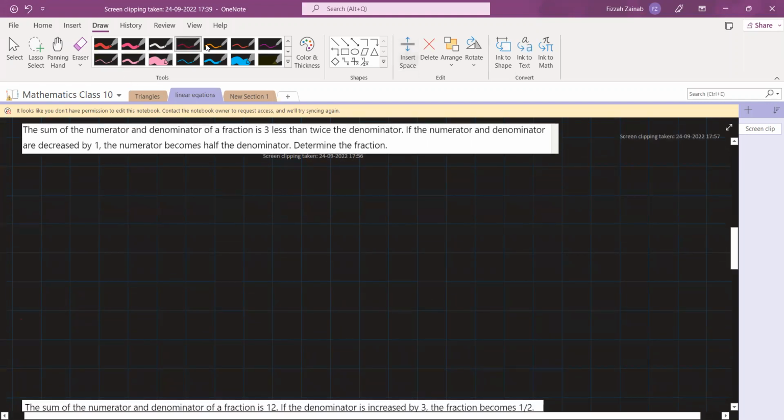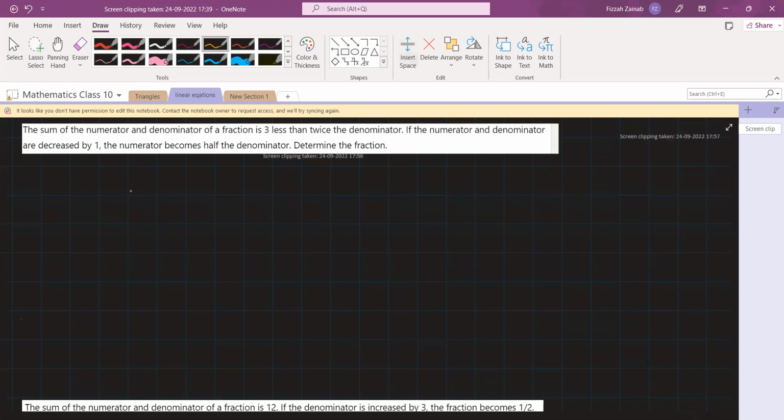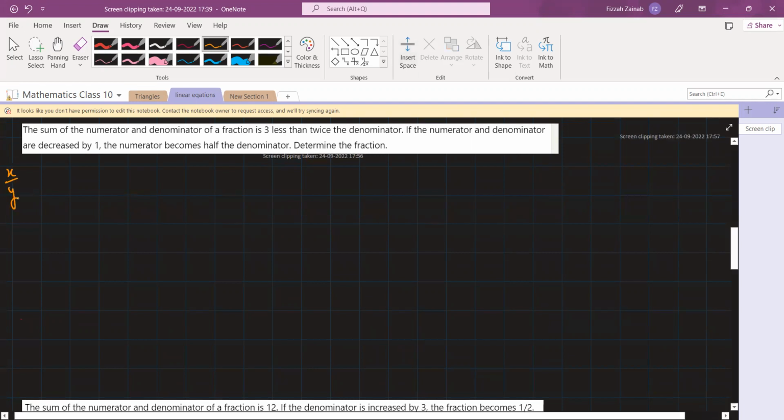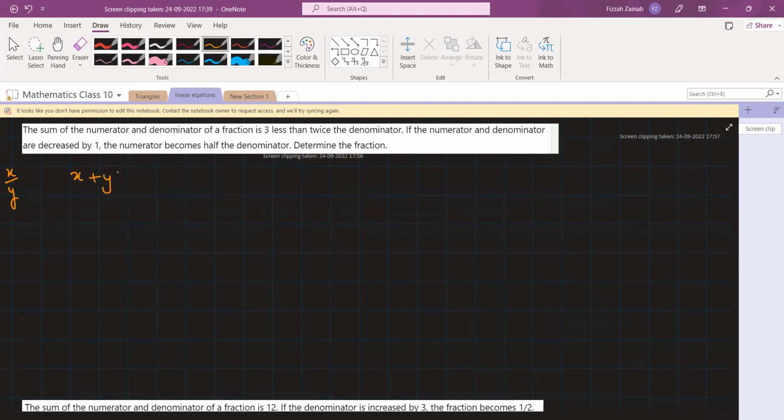Right. So the sum of the numerator and denominator of a fraction is... So first of all, let's say the fraction is x upon y. The sum of numerator and denominator, that means x plus y, is 3 less than twice the denominator. So 2y minus 3, right?